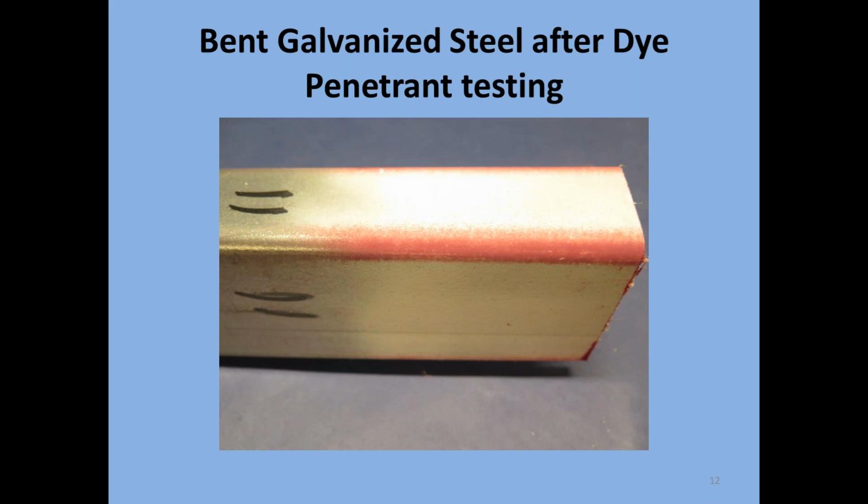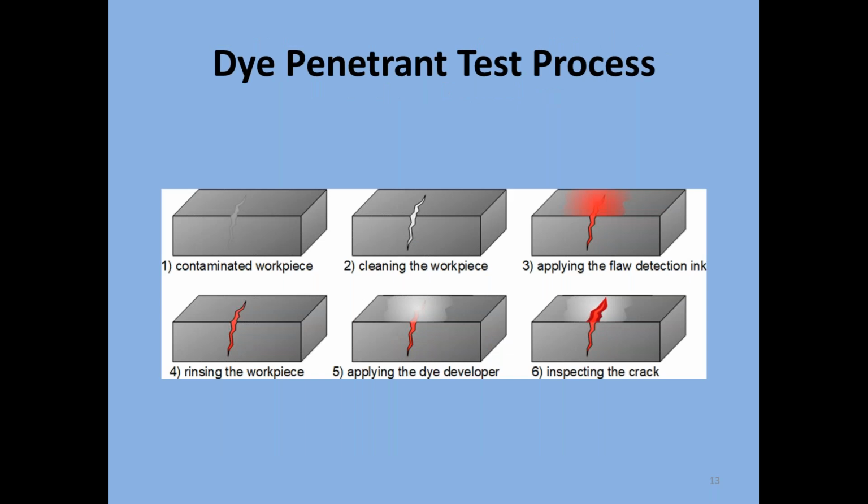This is a dye penetrant test of a formed galvanized steel pile, basically. And the way the dye penetrant works is you clean off the surfaces and then you spread a dye that seeps into all of the micro fissures and micro cracks inside of the surfaces.